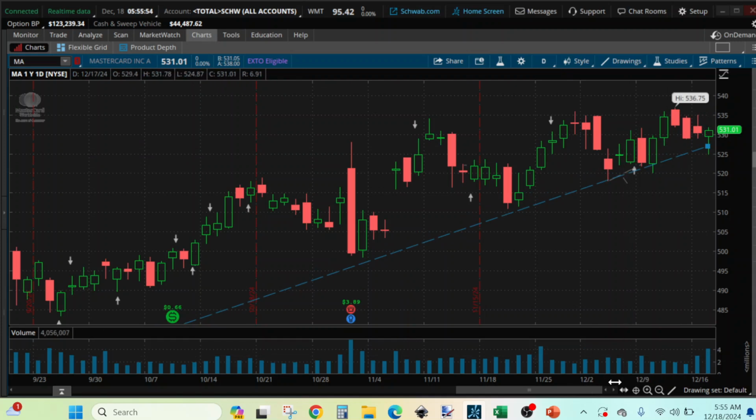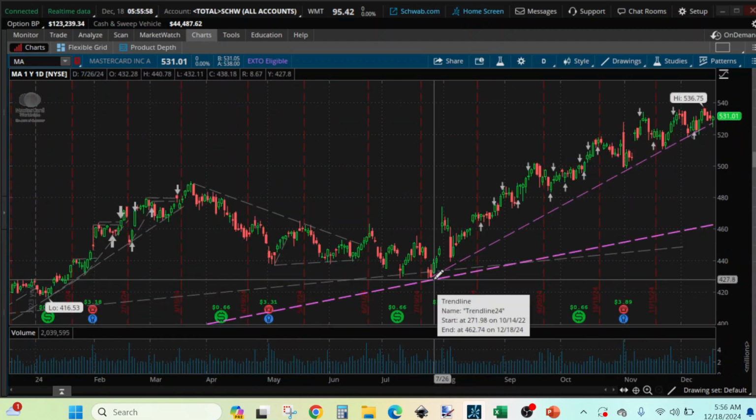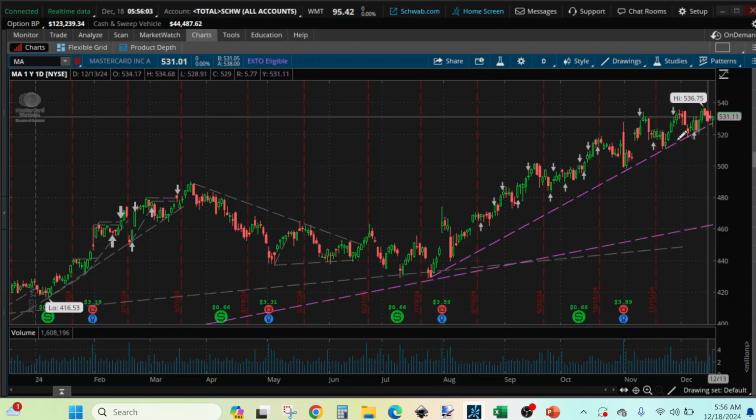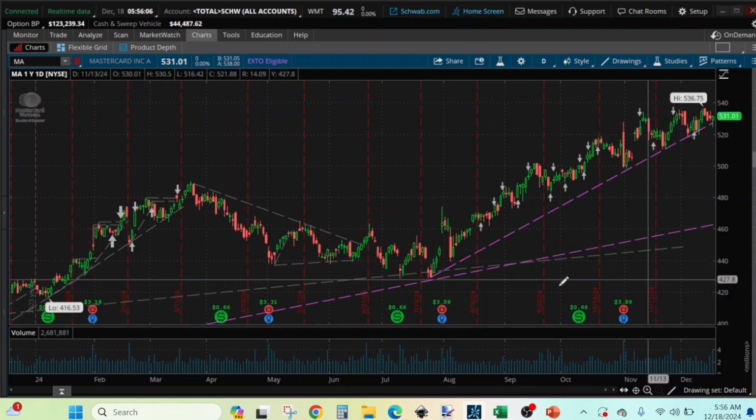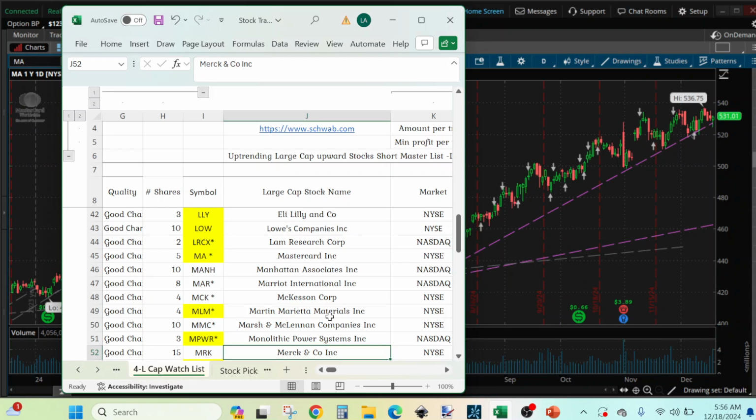Okay, and that is a 5 months trend line. So I have to say it's a little bit risky though.